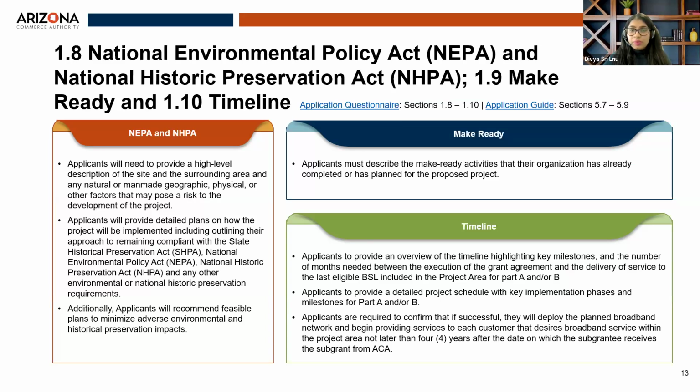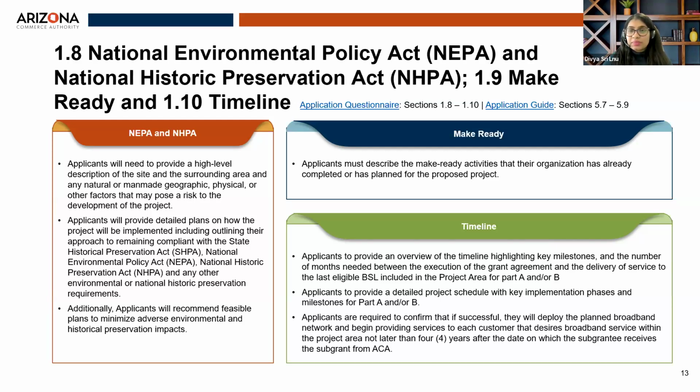The second one is that, based on this identification, the applicants will provide a plan on how the project will be implemented to remain compliant with the State Historical Preservation Act, the NEPA requirements, and the NHPA requirements, and will also provide plans to minimize adverse environmental or historical preservation impacts.